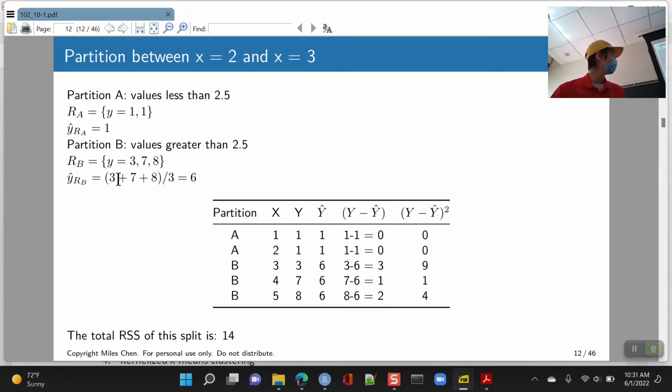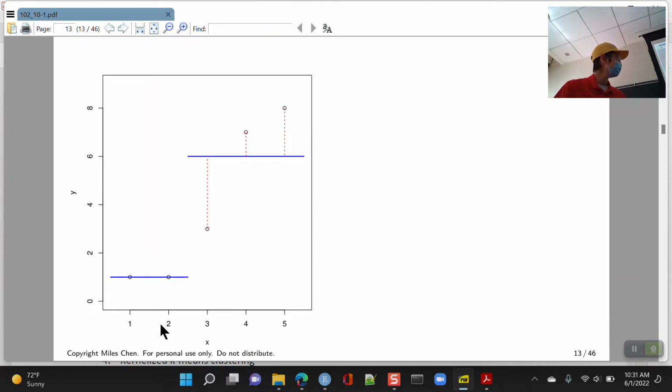No, I added that. Okay, 18 over 3 is 6. And so we predict the mean of 3, 7, and 8, which is 6. We calculate the residuals, we square them and add them up, and we get a total RSS of 14. And so this is the prediction here. So no residuals here. We're predicting 6 for all of these values, and that's the resulting RSS.